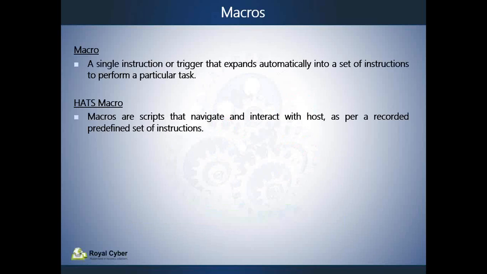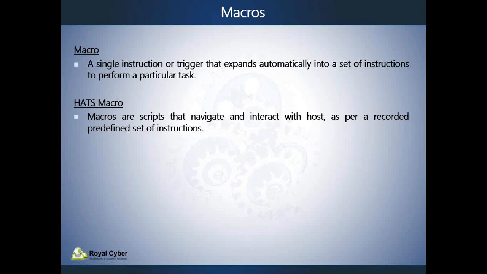Macros are used to automate end-user interactions with the host. You can record and play macros to skip screens, prompt users for data inputs, and extract host screen information. A macro can be used to retrieve information from a certain set of screens as defined in it.